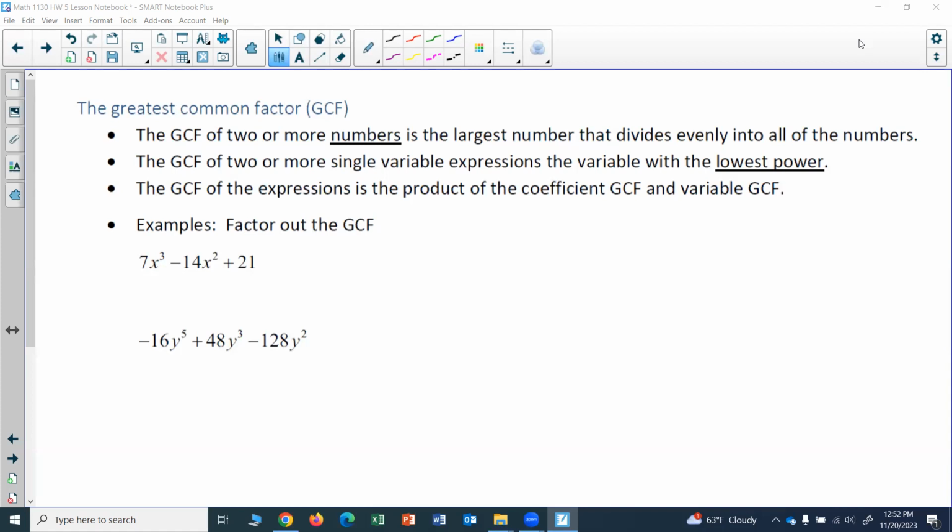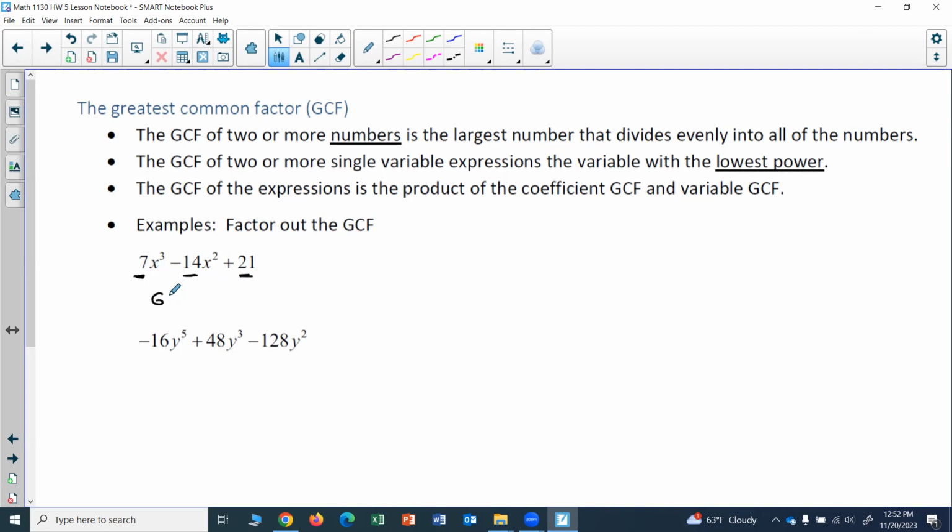So in this first example, we have 7x cubed minus 14x squared plus 21. The first thing we want to look at is the numeric part. We have 7, 14, and 21. Now 7 goes into all of these numbers, and 7 would be the largest number that could go into all three because it's the largest number that goes into 7.